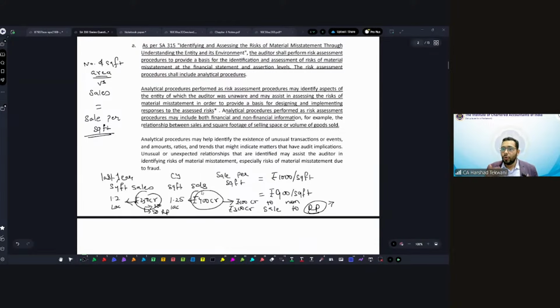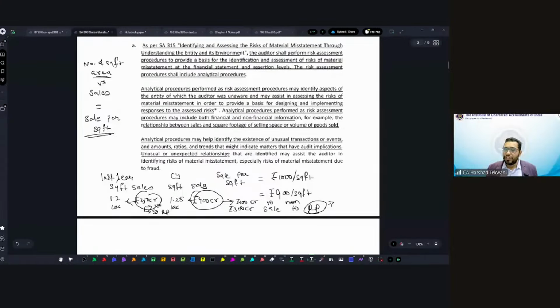So in this way, by doing analytics with respect to selling space, volumes, and non-financial analytics, you can get some idea about the risk assessment and the risks present. At least you can get some direction. Analytical procedures may help identify the existence of unusual transactions, events, amounts, ratios, and trends that might indicate matters that have audit implications, for example sales to related parties.